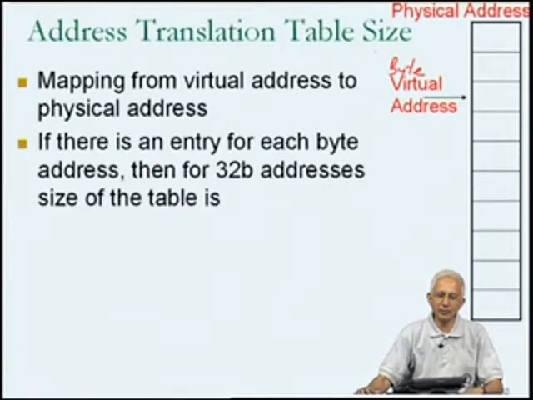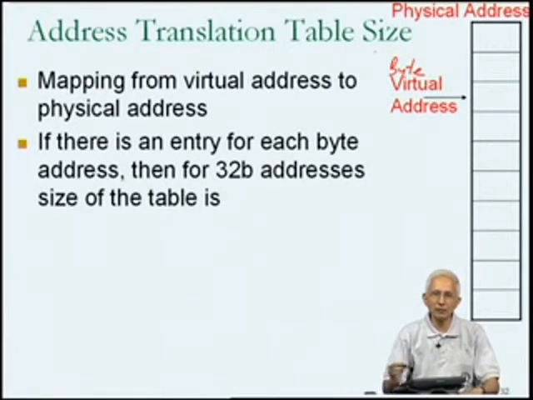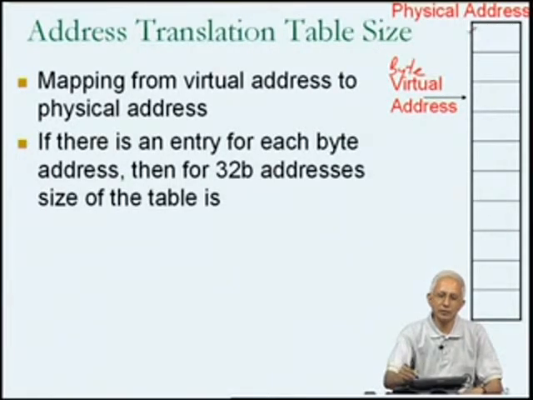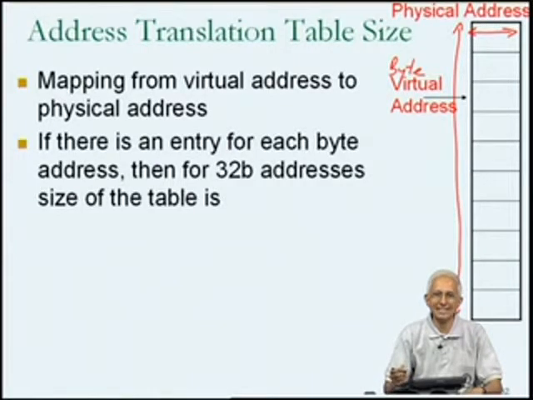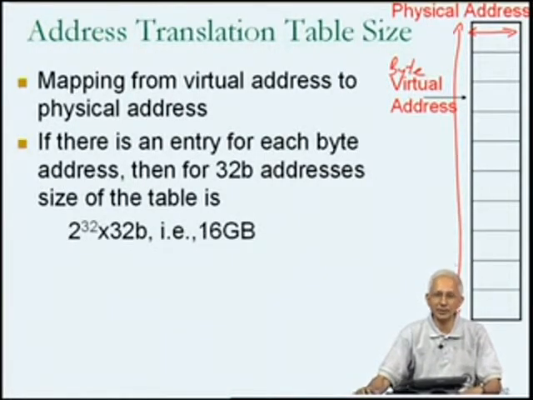And the size of this table can be calculated. For example, if I assume that the size of an address is 32 bits, then I note that the width of the table, in other words, the size of each physical address, could be 32 bits. And I know that the number of entries in the table is going to be the number of bytes that can be addressed, and that's going to be 2 to the power 32. And therefore, the size of the table would be an enormous 16 gigabytes.